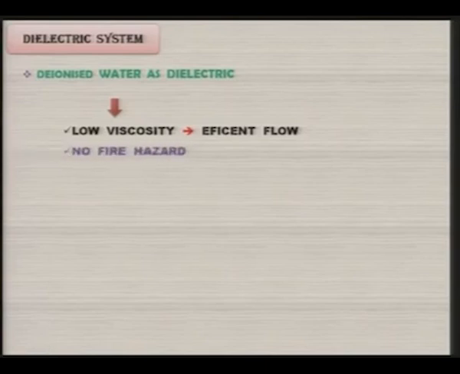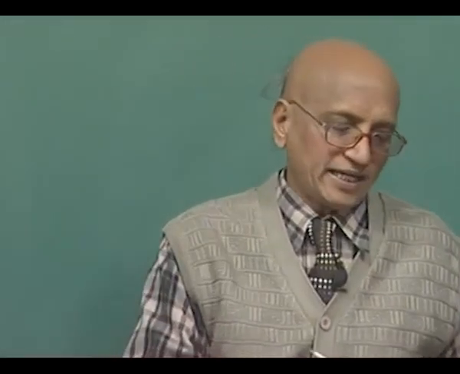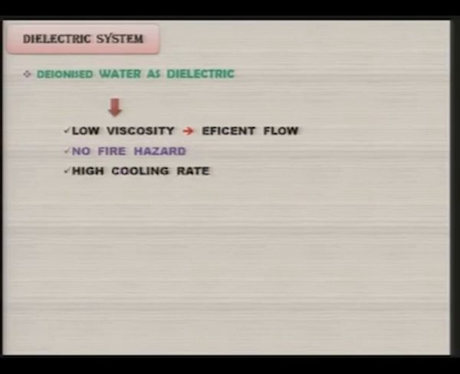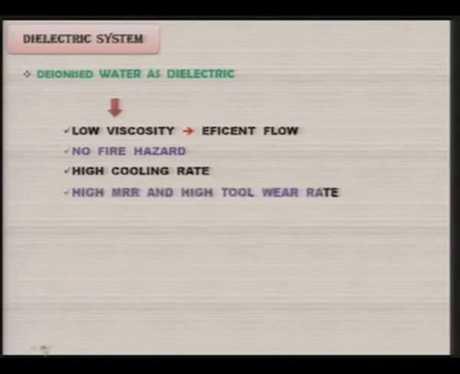Since water is used as the dielectric, there is no fire hazard, as is the case with kerosene as the dielectric, and water is a very good coolant. So, the cooling rate is quite high in the case of water, and a high material removal rate and high tool wear rate are also there.